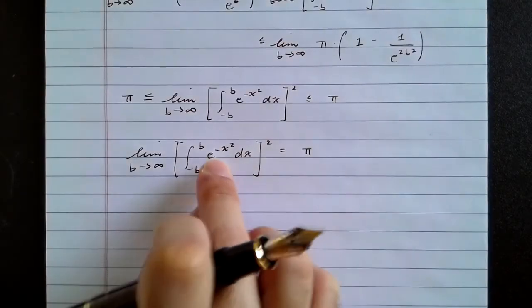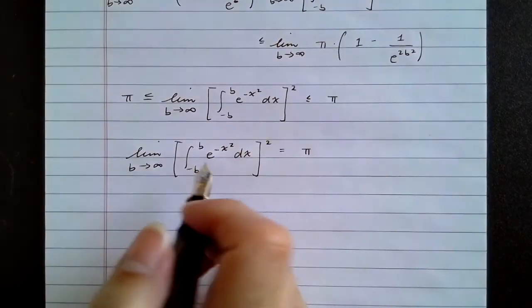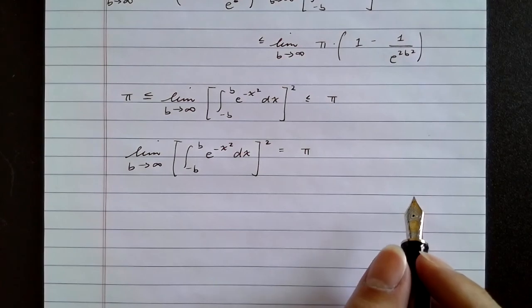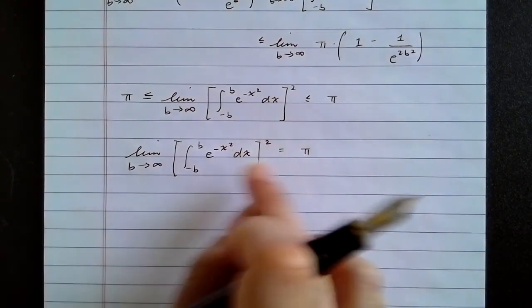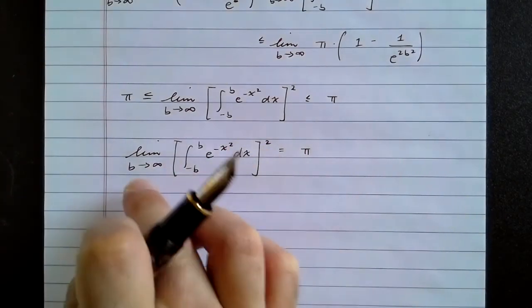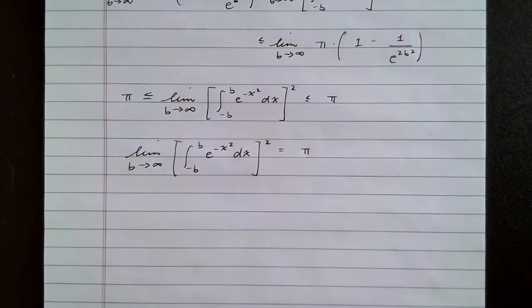And we've shown that the integral from negative infinity to infinity of e to the negative x squared dx is finite, and squaring is a continuous thing, so I can pull in the limit.